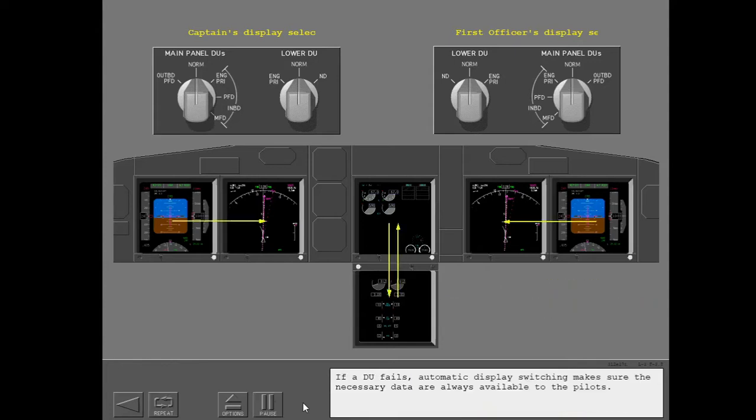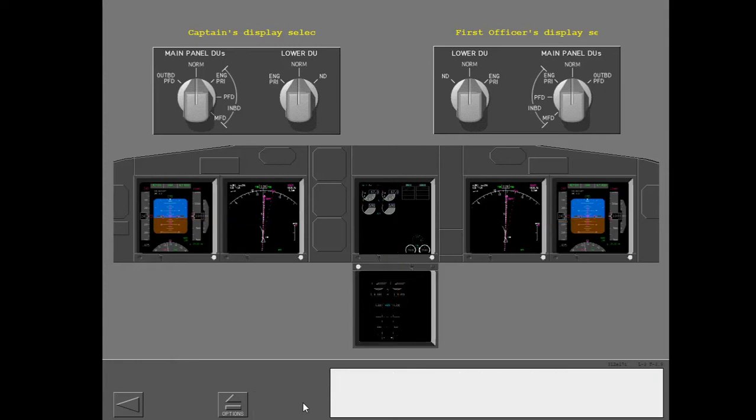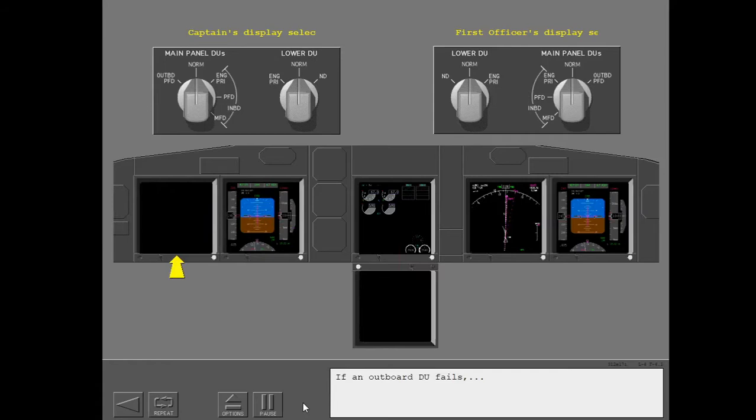If a DU fails, automatic display switching makes sure the necessary data are always available to the pilots. If an outboard DU fails, the DU blanks, and the PFD automatically shows on the inboard DU.